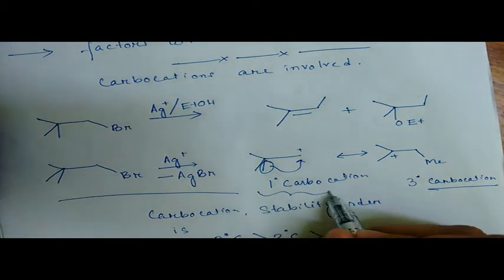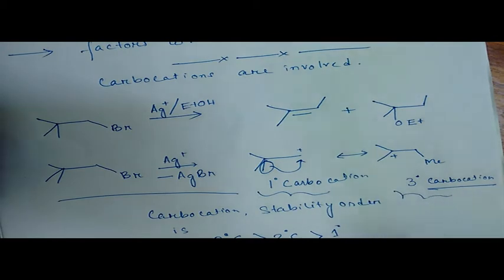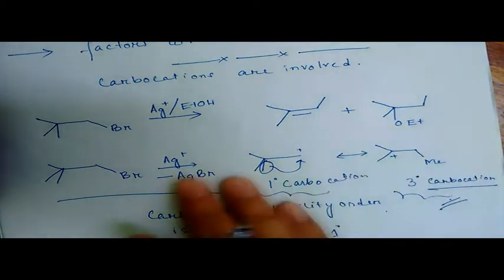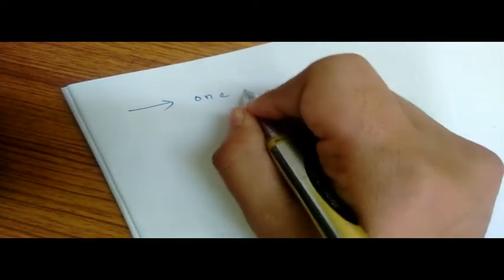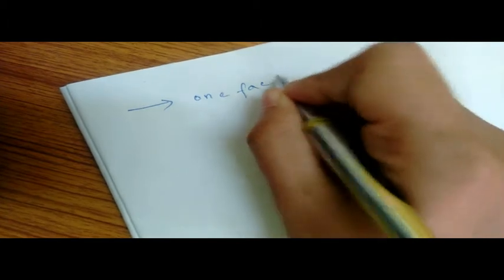The 1 degree carbocation is getting rearranged to form a more stable 3 degree carbocation, and this is one of the factors which drives a rearrangement reaction. But is there only one factor which drives a rearrangement reaction?